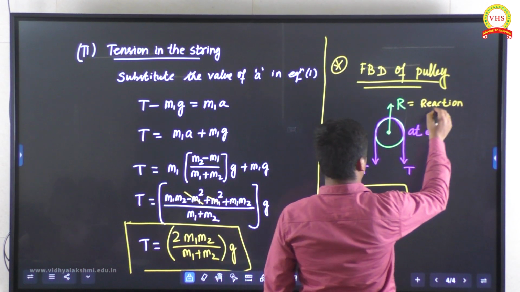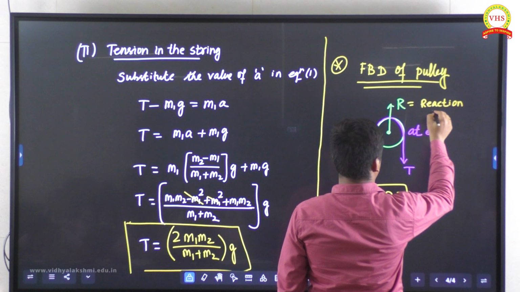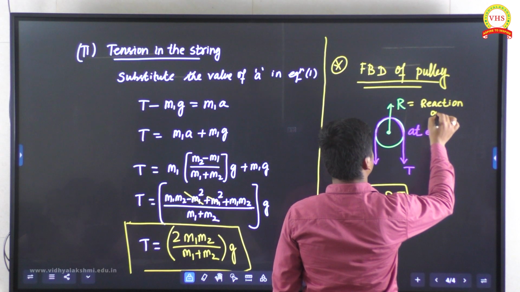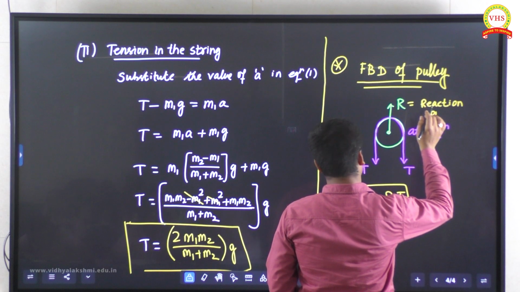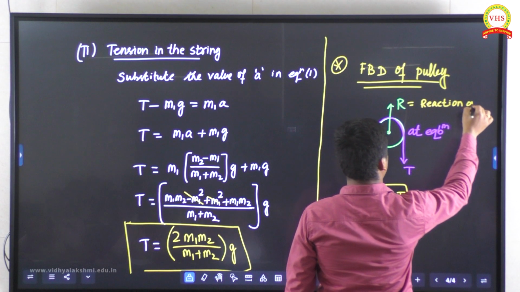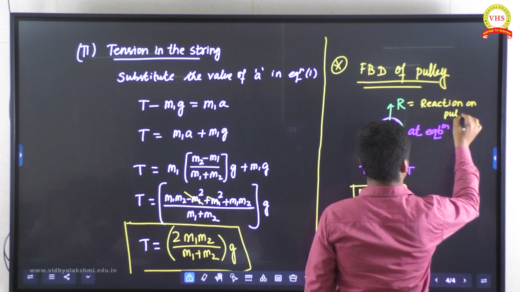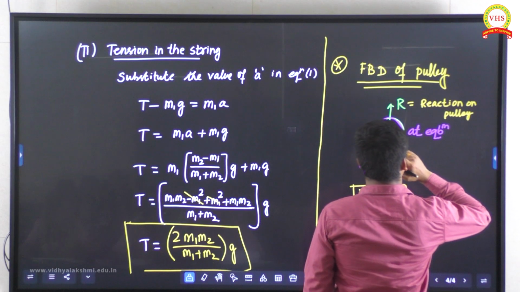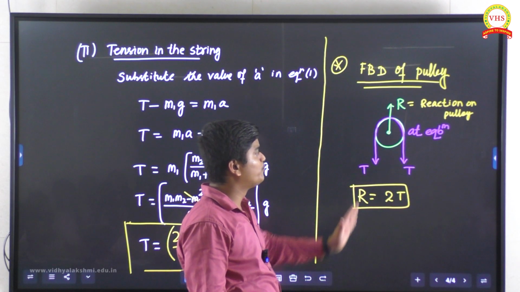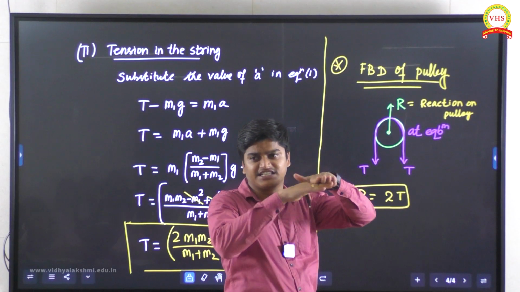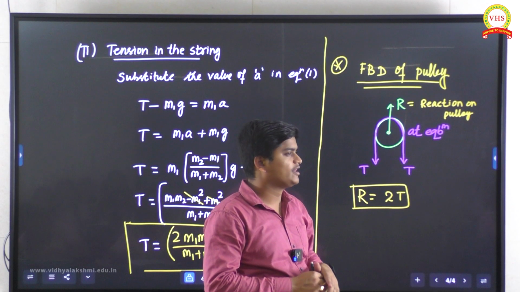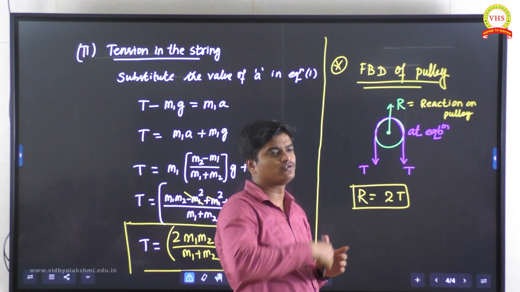You can write reaction on the pulley or by the pulley. The ceiling is attached to the pulley, the ceiling is giving support of this much reaction, 2T, and the same reaction the pulley also gives to it.